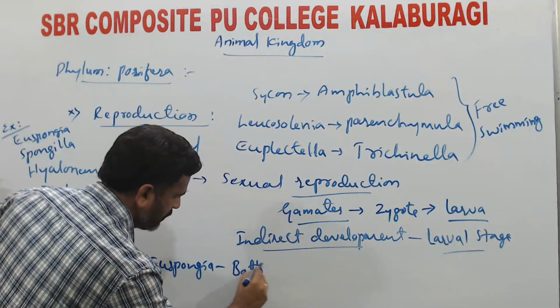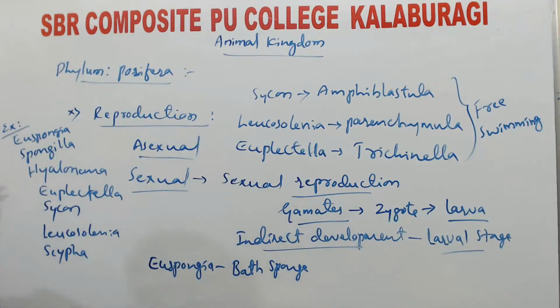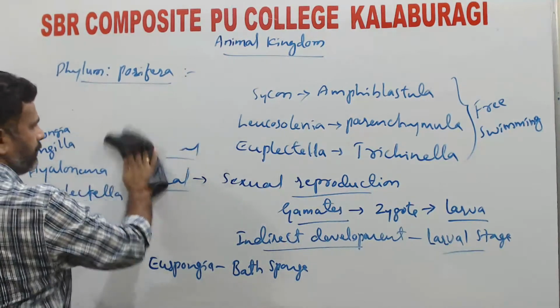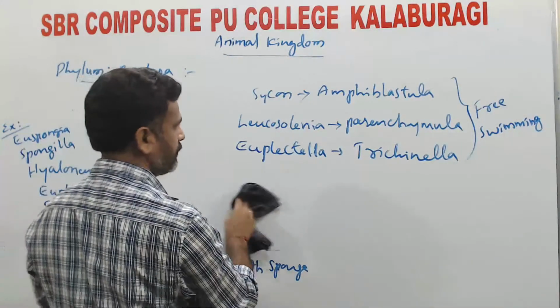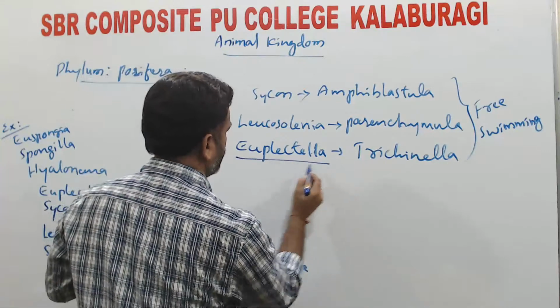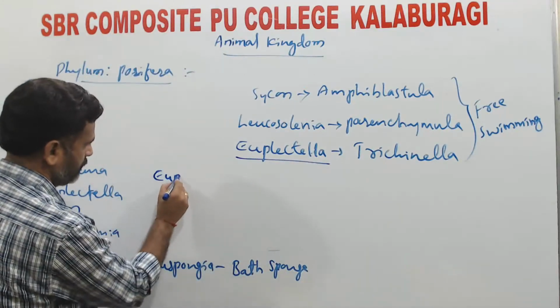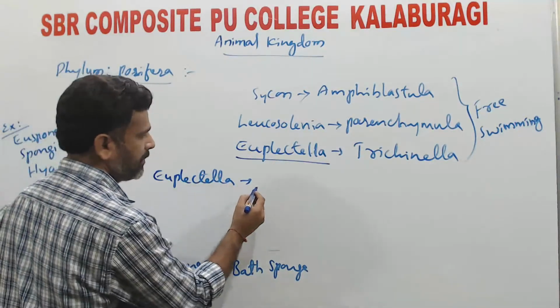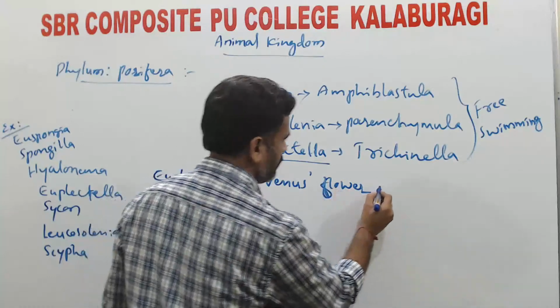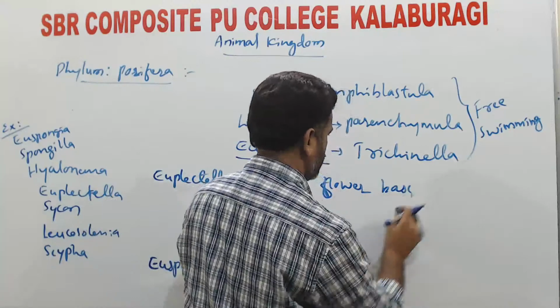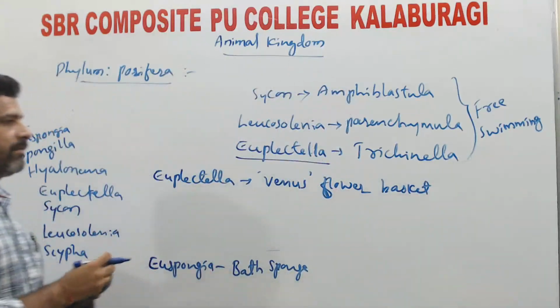Euspongia is called the bath sponge. Euplectella is commonly called Venus flower basket.